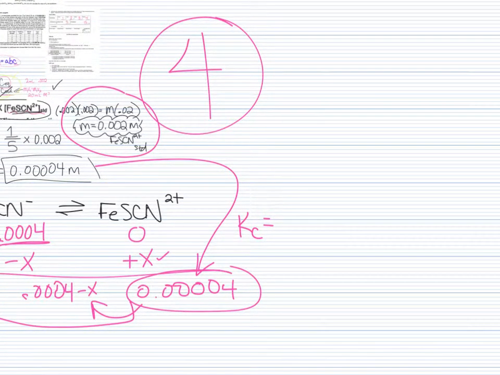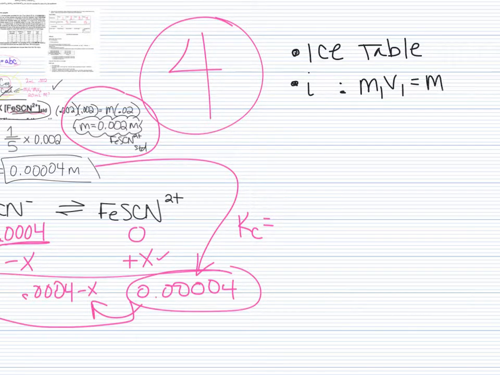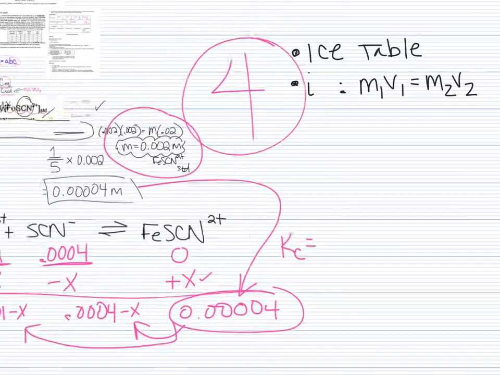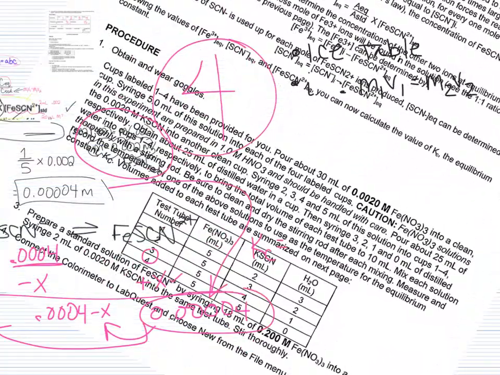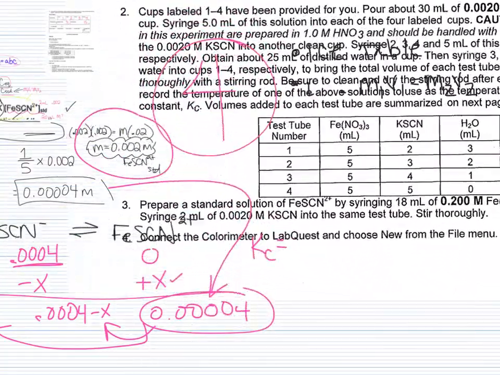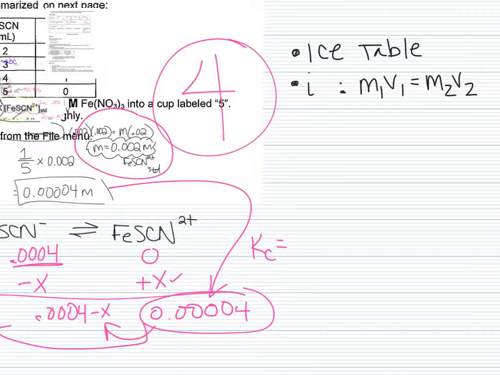You want to do an ICE table, or RICE table, sorry, I keep telling you guys ICE. In order to get your initial values, you're going to do your M1, V1 equals M2, V2, using that little data table that you used to set up this little data table right here. You're going to use M1, V1, M2, V2 to get your 2 initial values.